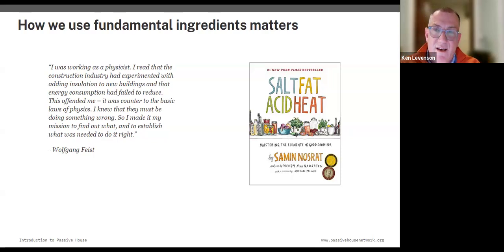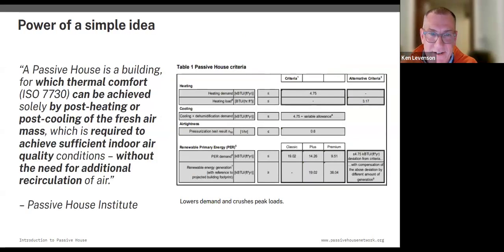You don't need the best ingredients in the world or just the exact ingredients. You know how to manipulate them, and you know what does what and how to optimize it. And so Passive House is looking at building construction ingredients in the same way. And how are we optimizing them? What are they doing? Of course, we want high quality ingredients, but it's not necessarily so. We can do things quite powerfully with a lot of standard stuff.